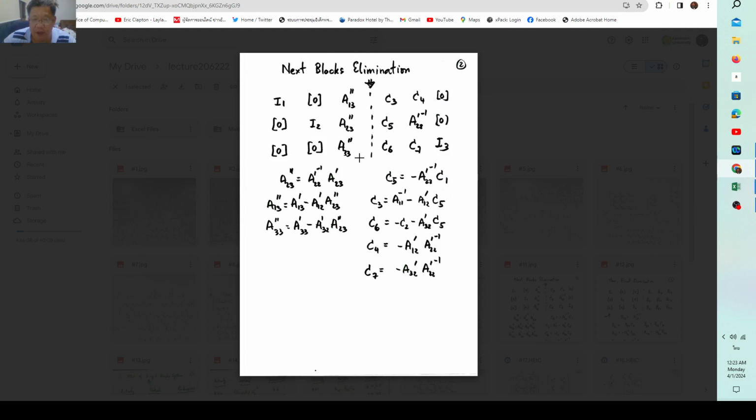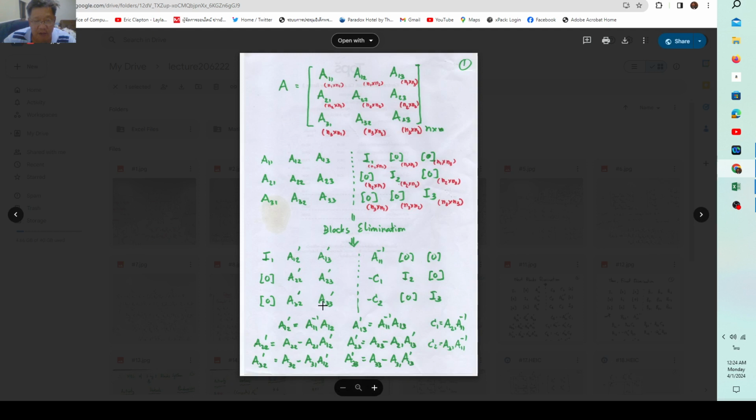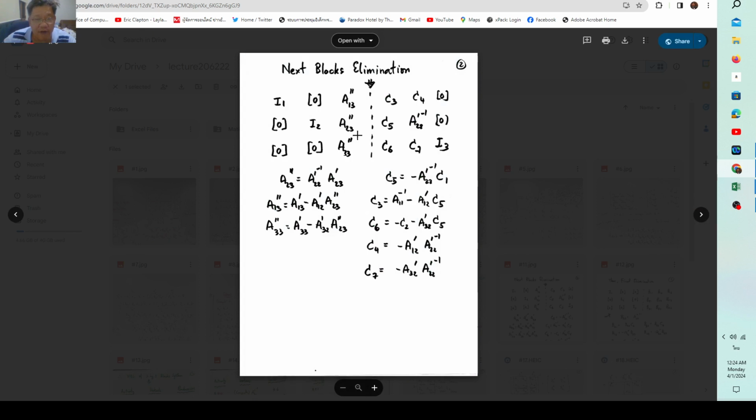And for A33 prime, you remember A32 prime multiplied by A23 double prime. The original A33 prime minus A32 prime times A23 double prime, right? So this one is A33 prime minus A32 prime A23 double prime, right?